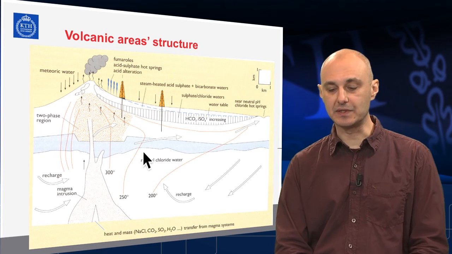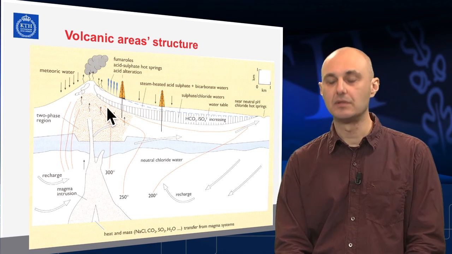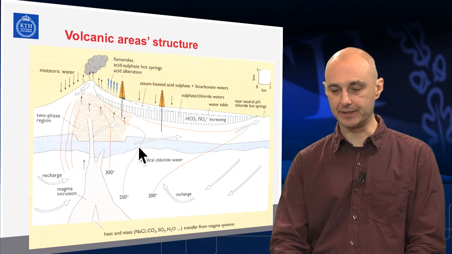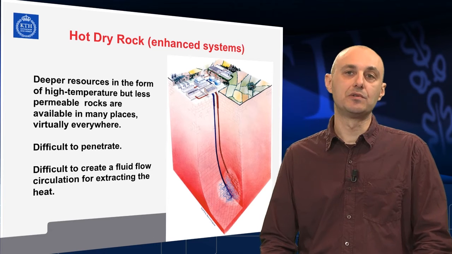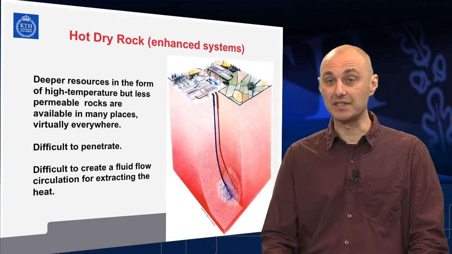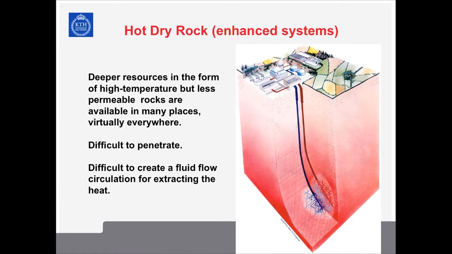This is simply a representation of how the situation would look. The hot dry rock resources should properly be called enhanced or engineered systems, because then we do not have the chance to extract hot water directly from beneath the surface.